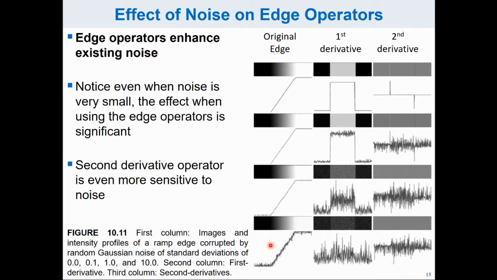If I start looking at this over here, that's again the original. So that's pure, there is no noise here completely. That's basically my intensity profile. That's the first derivative, and that's the second derivative.